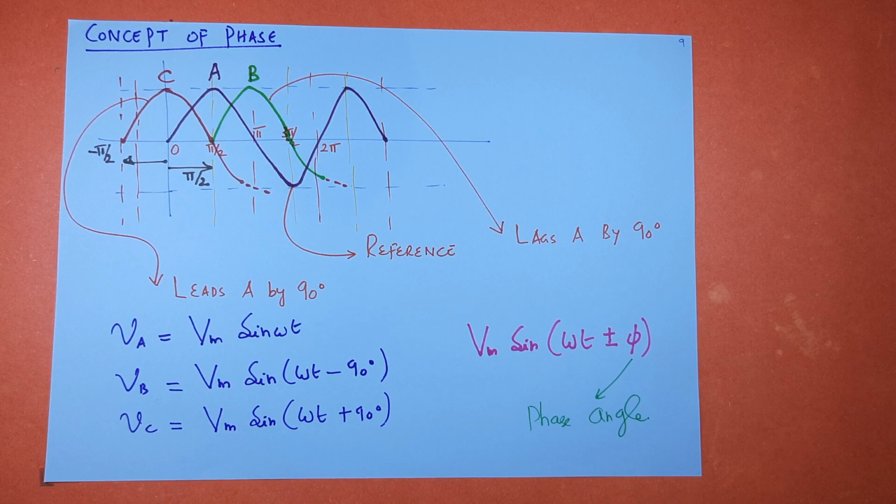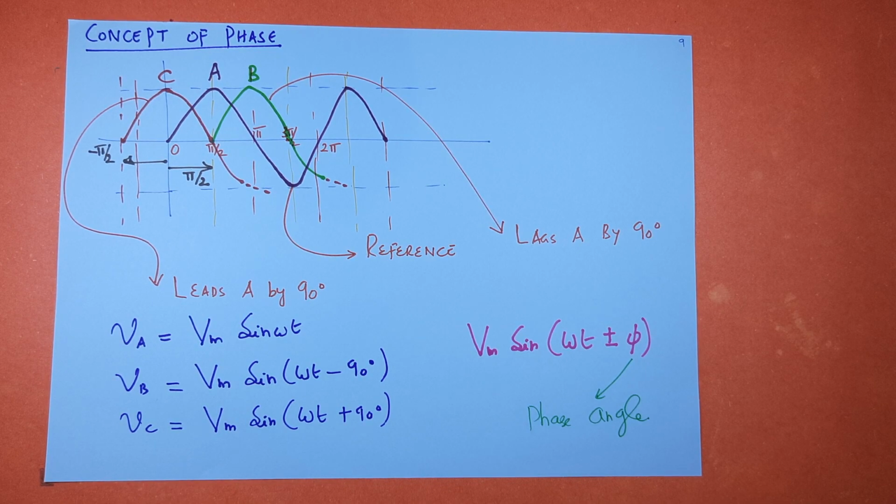Suppose C, the brown one, is some 90 feet leading before A. Suppose B is coming 90 feet behind A in a running race.